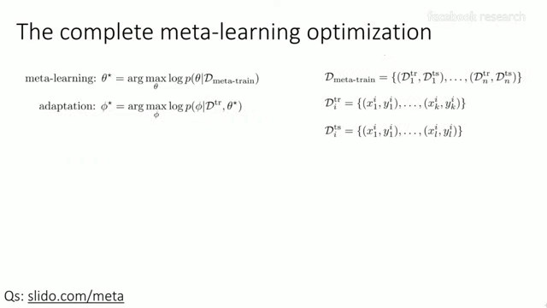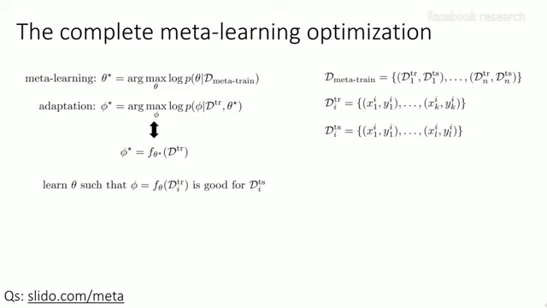So now we can actually complete the meta-learning problem definition. The adaptation step, we can write more compactly as some function f theta star of D-train. So f theta star reads in D-train and outputs phi star. So now all we have to do is learn theta such that phi equals f theta of D-train is good for D-test.